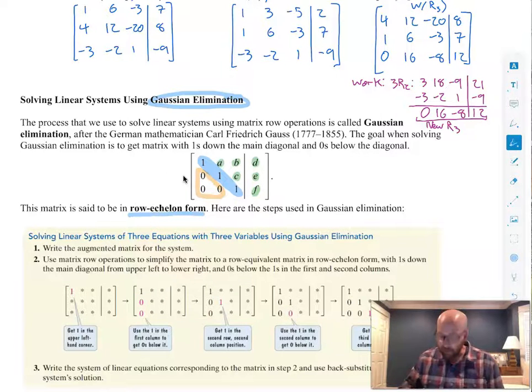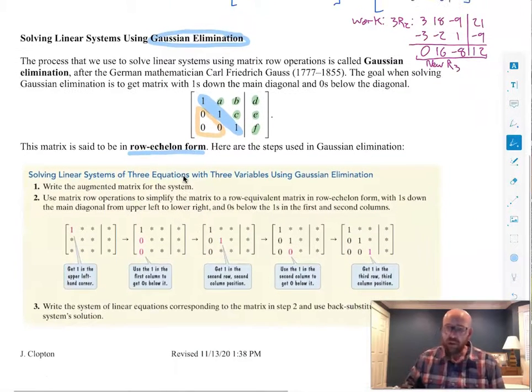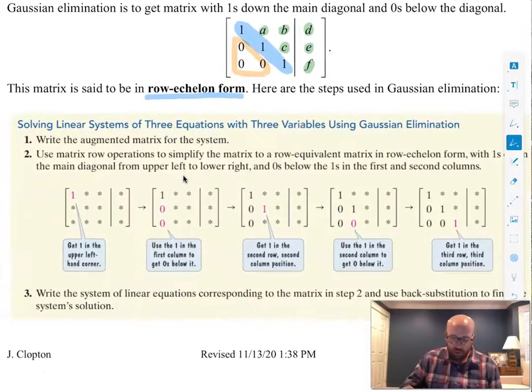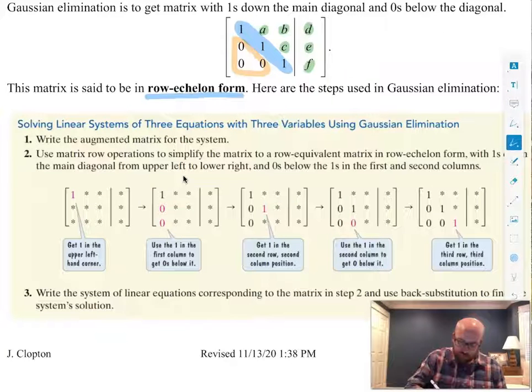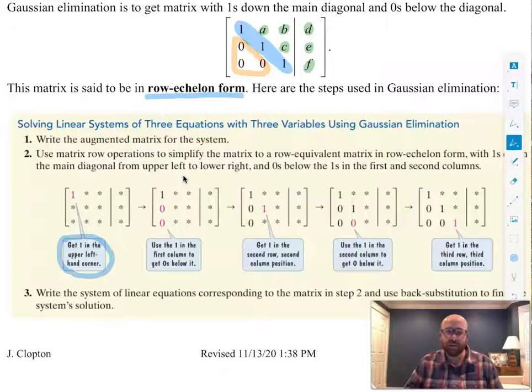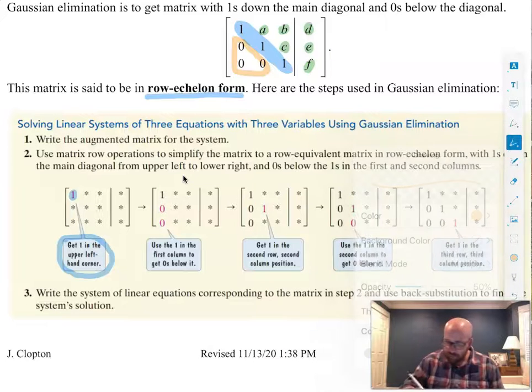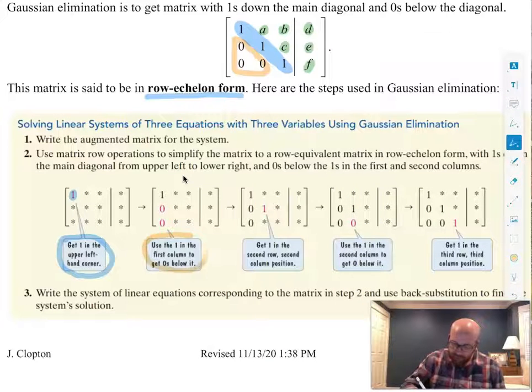And here are the steps. You can go back and read these steps, so I'm not going to go over them completely, but the first goal is to get a 1 in the upper left-hand corner. So we want this to be a 1. Then the second goal is to make everything below that 0, and we're going to use row operations to get there.